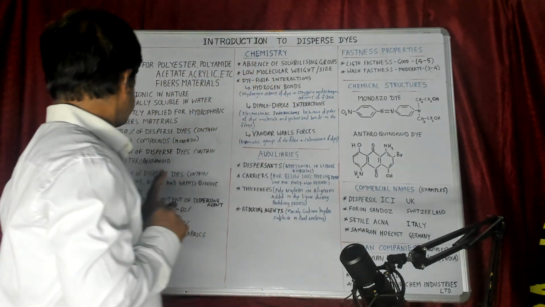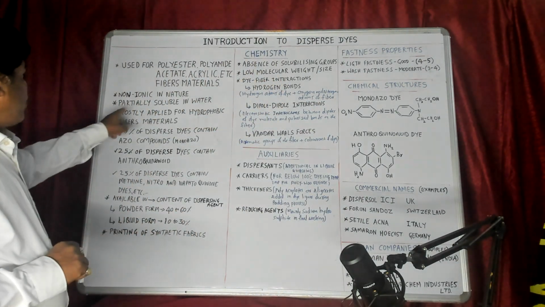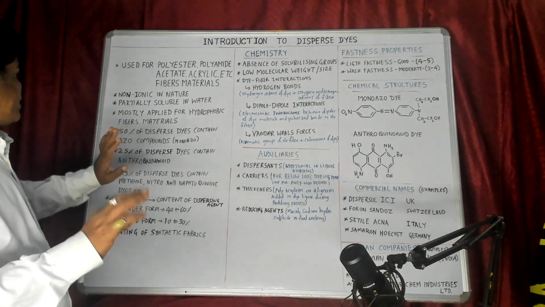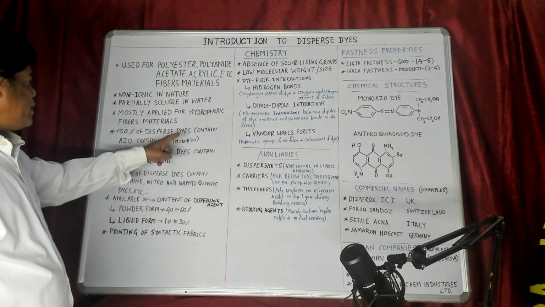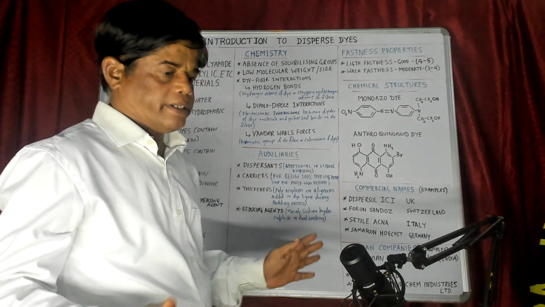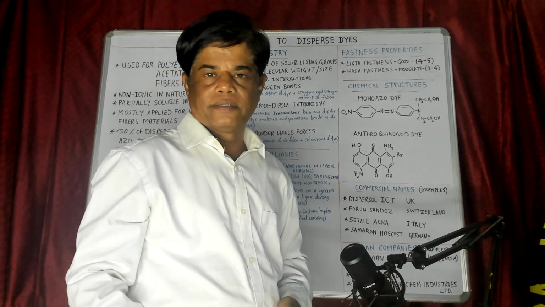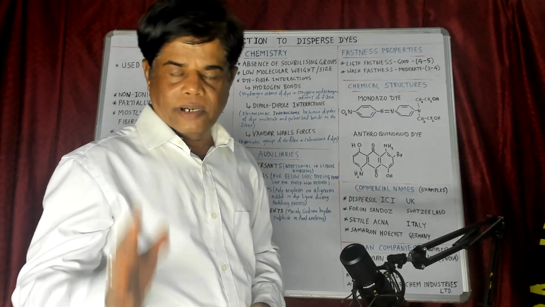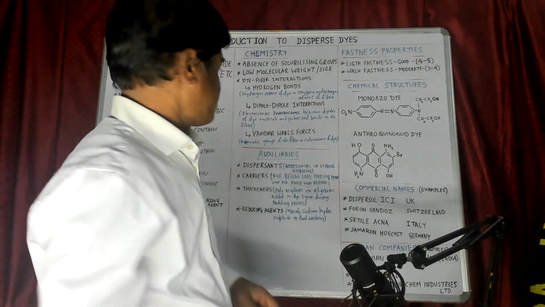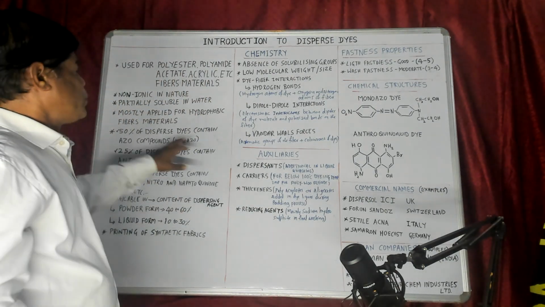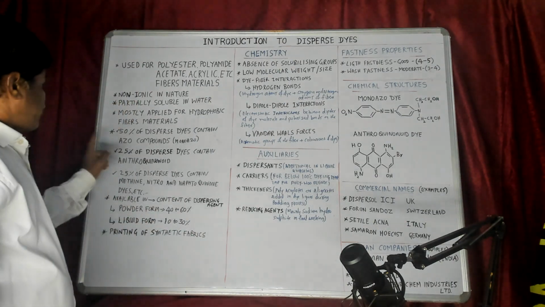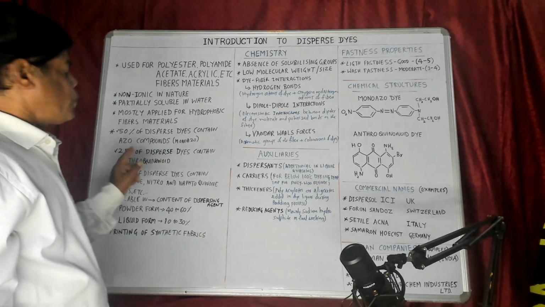See here, how disperse dyes are made. 50% of disperse dyes contain azo compounds. Whatever dyes are available in the present market, 50% are made with azo compounds, monoazo compounds. Then 25% of disperse dyes contain anthraquinonoid.